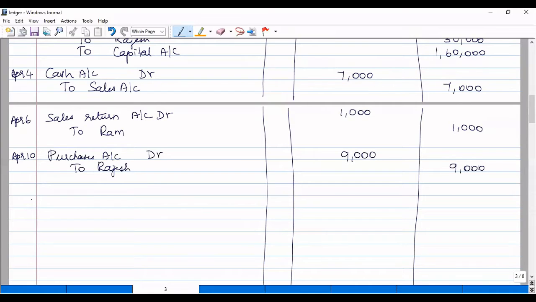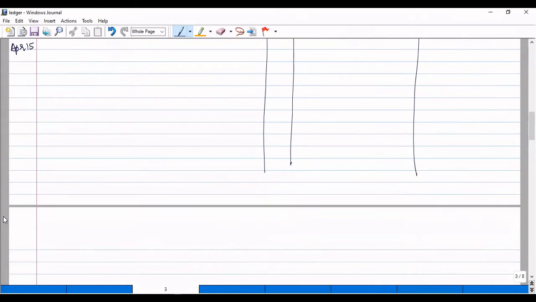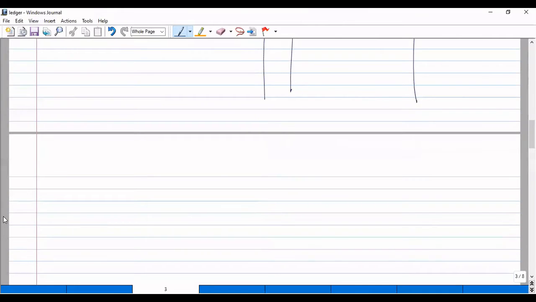Next, on April 15th, bought goods of list price 15,000 from Rakesh, less 10% trade discount and 5% cash discount, paid 40% of amount immediately. Okay, so now we have to open our working notes and calculate how much is the actual amount paid and how much we owe.